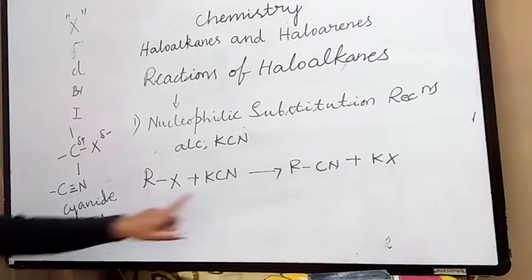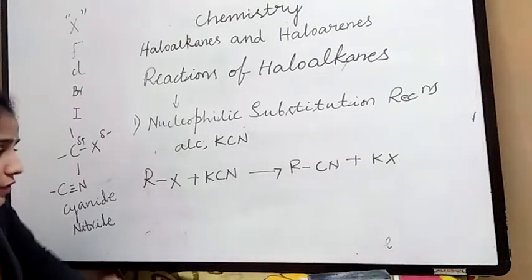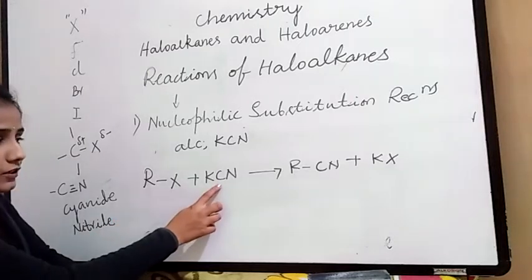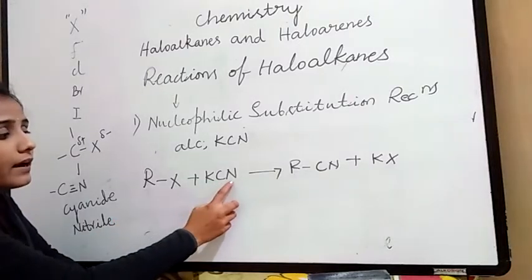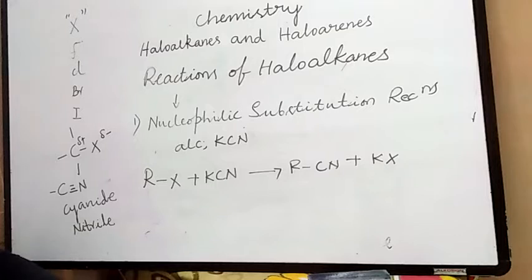In KCN, CN is a nucleophile. Because of its ambident nature, both carbon and nitrogen are able to donate the electrons.